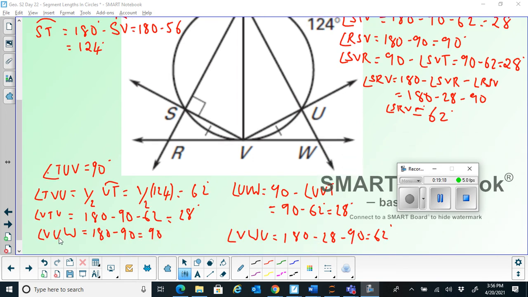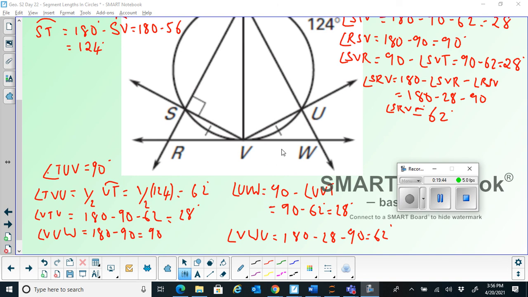Further, I have angle VUW. VUW is 180 minus 90 degrees, which is 90 degrees. Angle VUW we found to be 90 degrees. So further we are finding angle VWU.